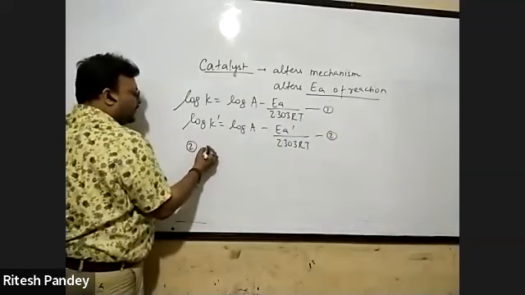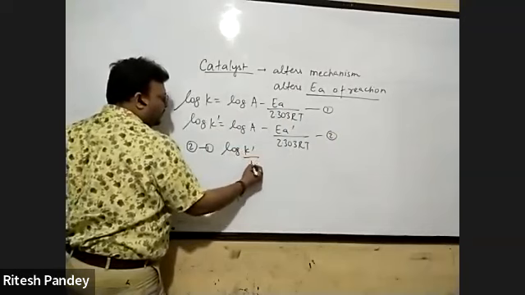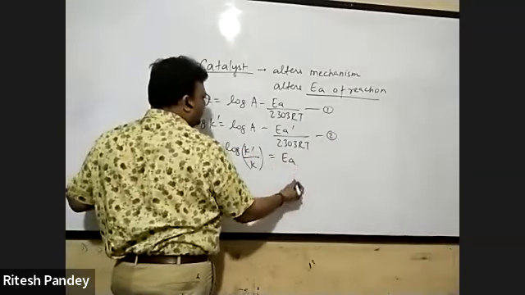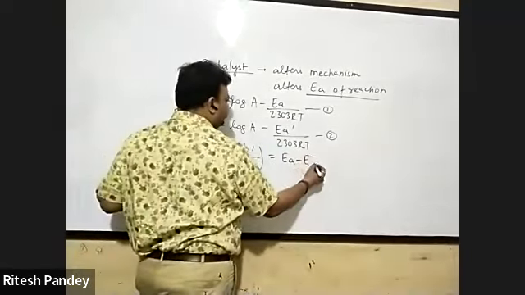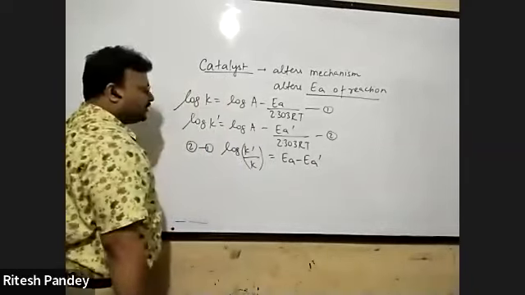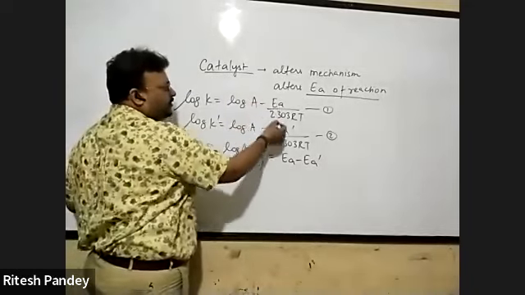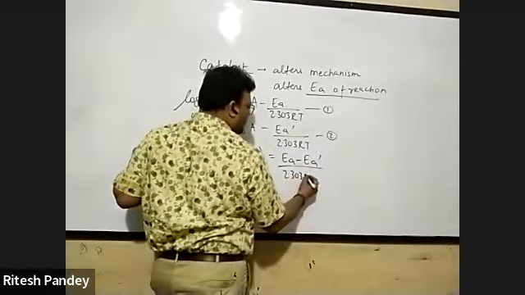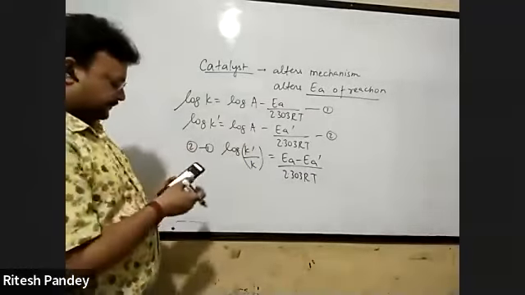And now if I write 2 minus 1, which is log K prime minus log K, that is log K prime by K, log A will get cancelled, would be EA minus EA prime upon 2.303 RT. 2 minus 3 will be this is positive and this is negative, yes or no?